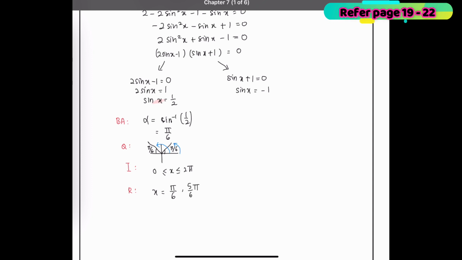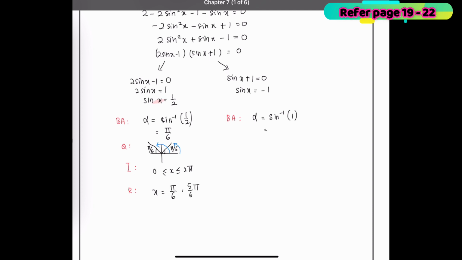Let's take a look at the other set of answers, which is sin x equals -1. Repeat the same process again. You have to find the basic angle, alpha, so arc sine 1. We're going to ignore the negative because the negative will be considered during the quadrant.